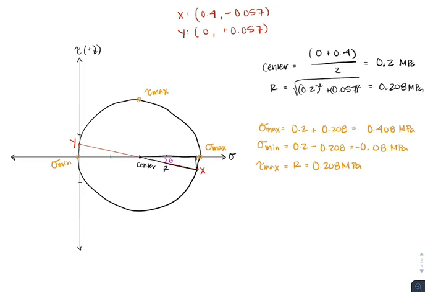megapascals. Next up is to find the angles at which these principal stresses and max shear stress occur. If we focus first on the principal stresses, that angle is what it takes to rotate our red line to the axis right there. That is going to be called our 2 theta p. Remember, on a Mohr's circle, an angle is twice as much as it would be in the real world.